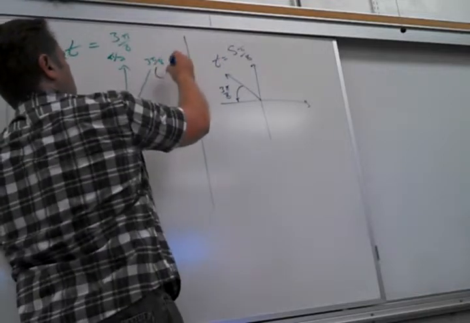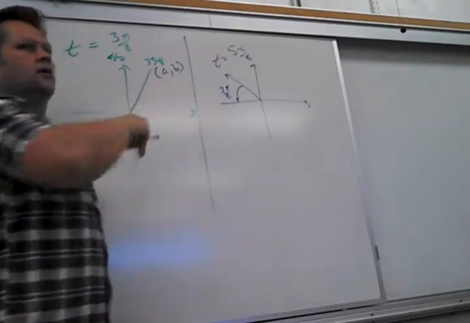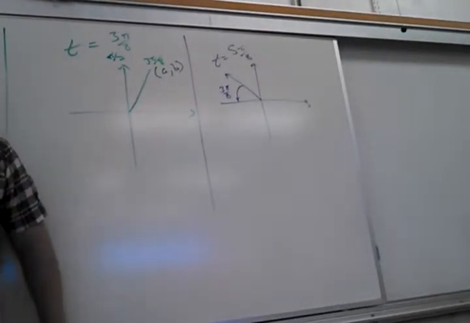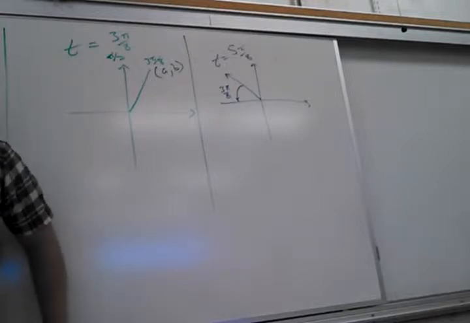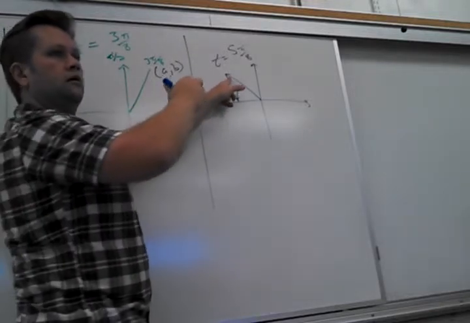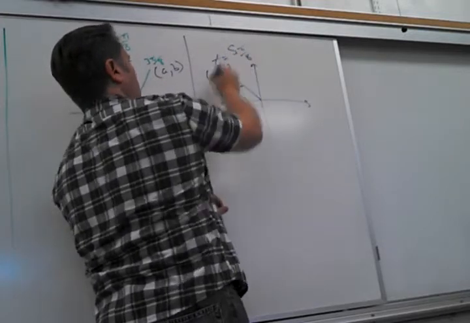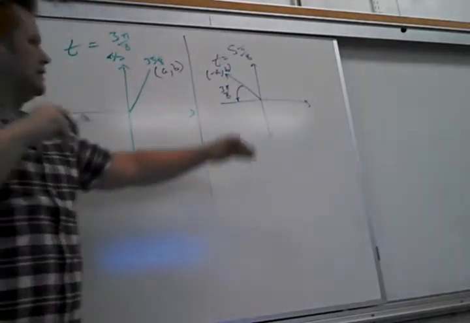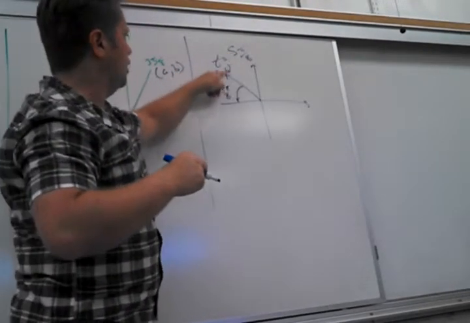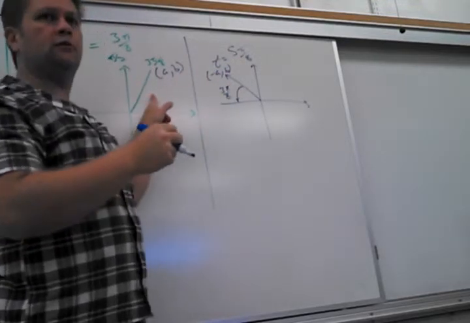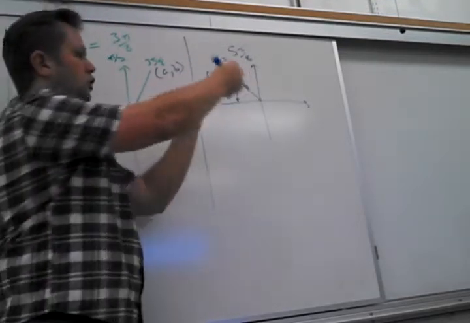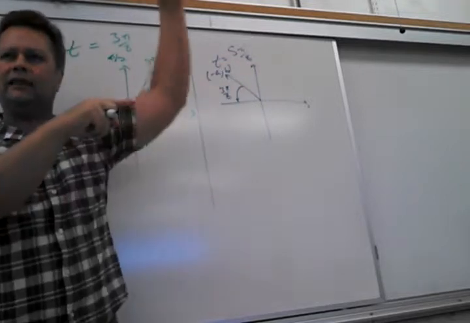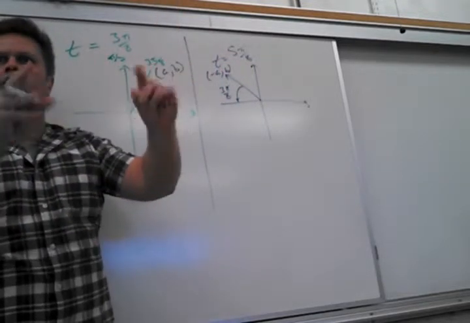So if this guy's values were A, B, I don't know what they are, so I'm just calling them A and B. What would these values be? Negative A, B. Right? It's in exactly the same place. The triangle I would draw would be the exact same triangle as the one here, just turned the other way. So all the side lengths would be the same.